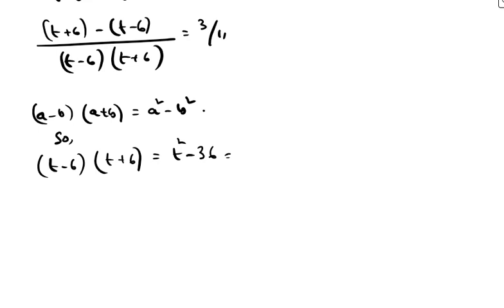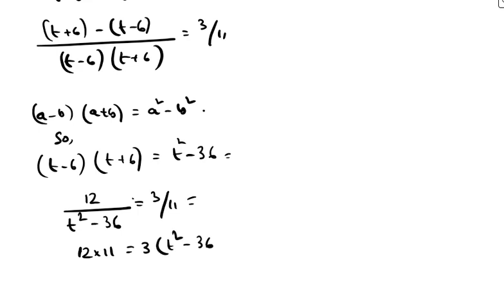Now the equation becomes 12/(t² − 36) = 3/11. Now cross multiplication. So 12 × 11 = 3(t² − 36).